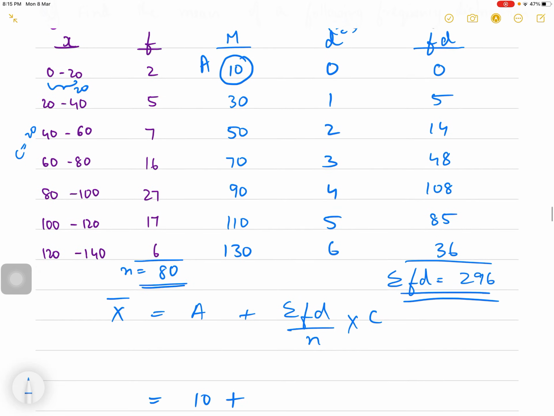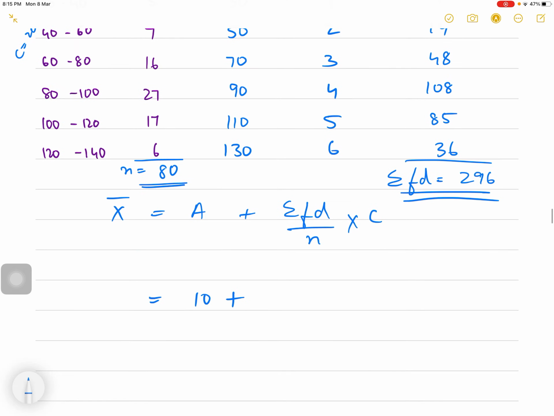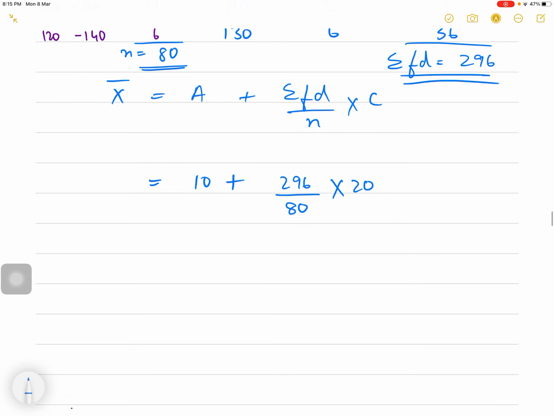Okay. So A is 10 plus summation FD. Summation FD is 296 divided by N, which is 80, multiplied by C, which is 20. You can put this in bracket if you want to, so that you don't make any calculation mistake. 10 plus, let's solve this, 296 divided by 80 multiplied by 20.